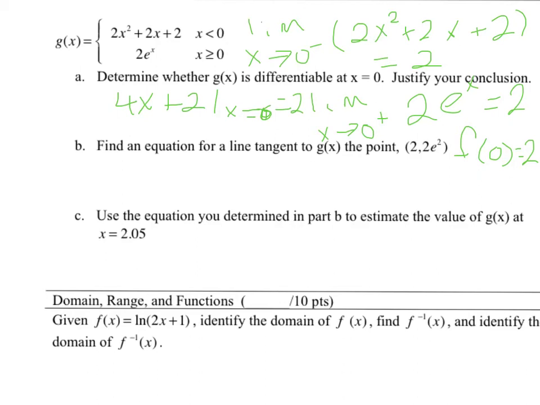And then I need the derivative of 2e to the x, which is 2e to the x, evaluated at 0. That's a much better 0. Also equals 2. If you show continuity, if you show derivative from the left, derivative from the right, you have shown that your function is differentiable.